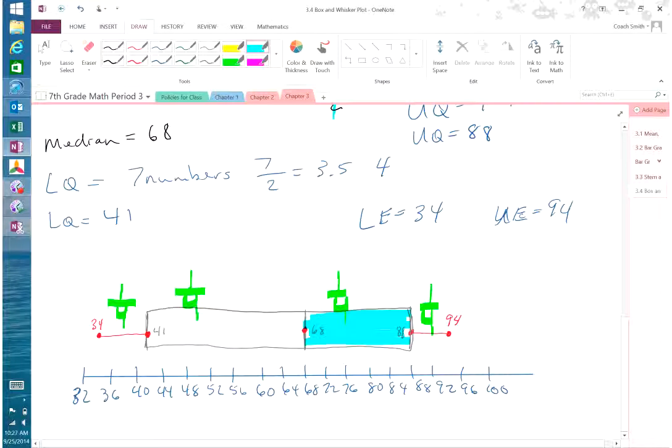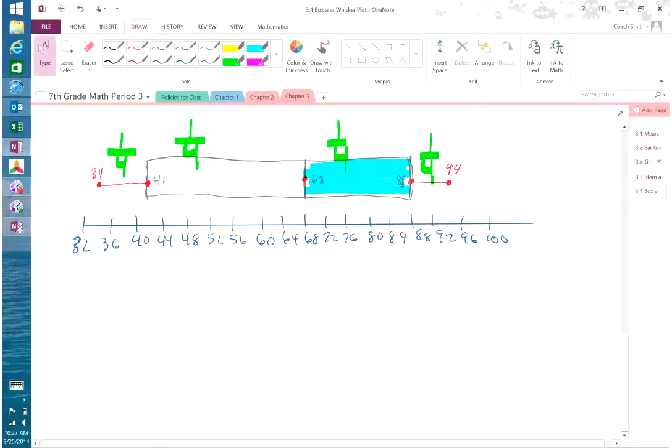For example, let's say I had a box and whisker plot that looked like that. Okay, what that tells me is this.